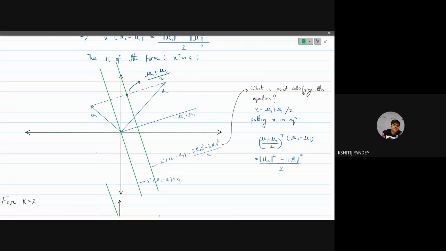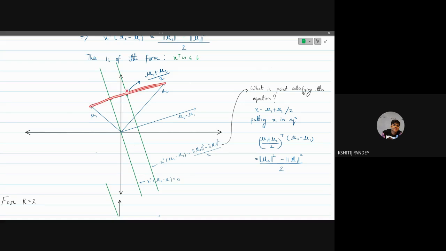Given any clustering, what is Lloyd's algorithm doing? It is finding the half spaces which divide the cluster regions. It is trying to find mu's, that is means, such that, given mu1 and mu2, you find the distance between them.